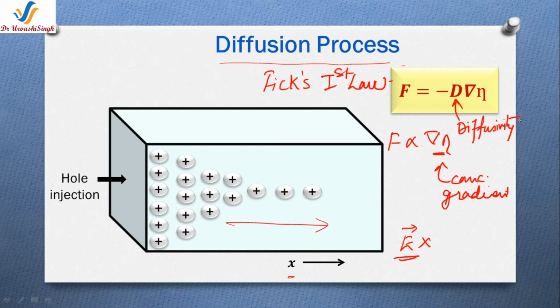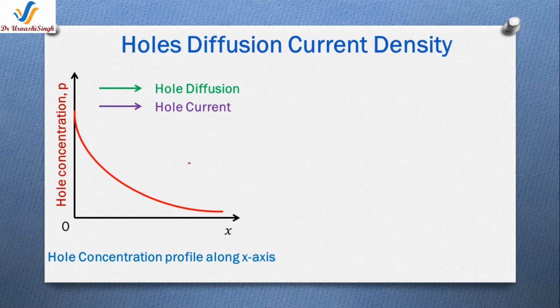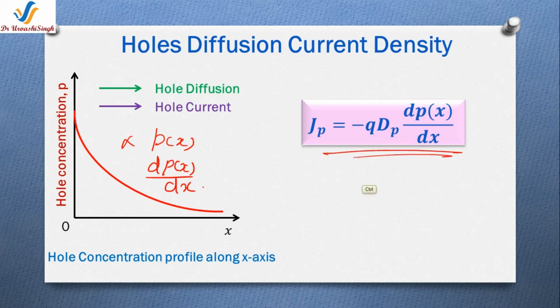So diffusivity is the ease of carrier diffusion in response to a concentration gradient. And so the magnitude of the current at any point is proportional to the concentration profile and hence the concentration gradient. So the hole's diffusion current density is given by this equation, where Dp is the hole's diffusivity or the diffusion constant.